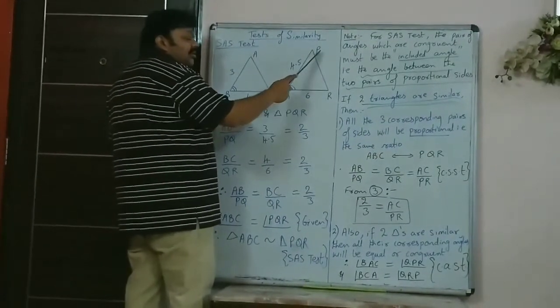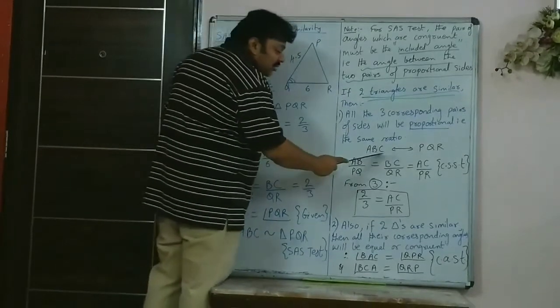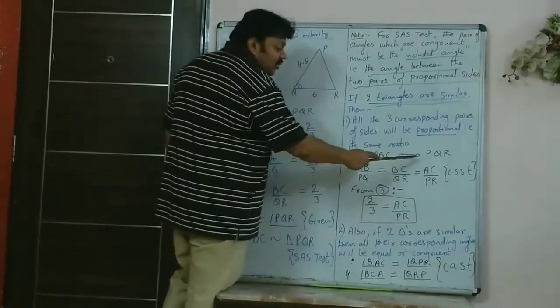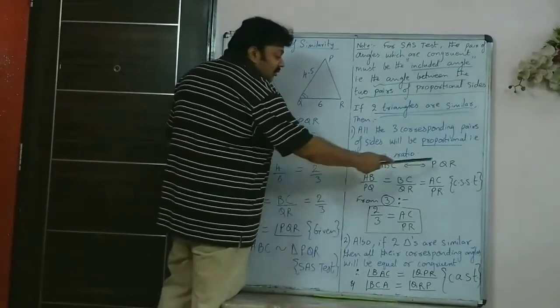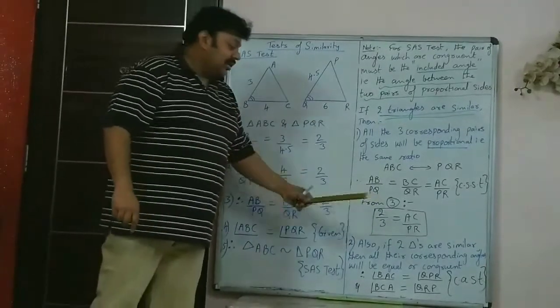A is corresponding with P. And C will be congruent to R. C is the third alphabet and R is the third alphabet in the one-to-one correspondence. So angle C and R will be equal.